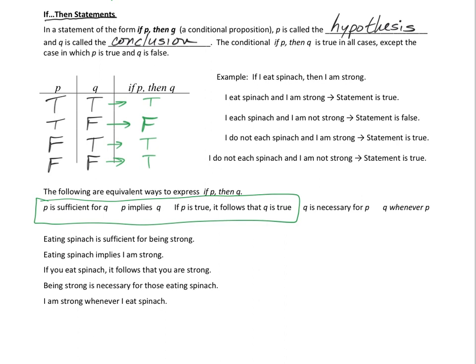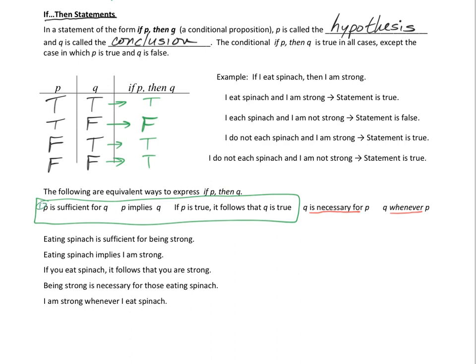Where it can get tricky is if we see these particular wordings: is necessary for and whenever. So it would be Q is necessary for P. So you can see the Q and the P are out of order. And then Q whenever P. You can see the Q and P again are out of order from what we are wanting them to be in, if P then Q. And again, there are some examples here of how statements can read.